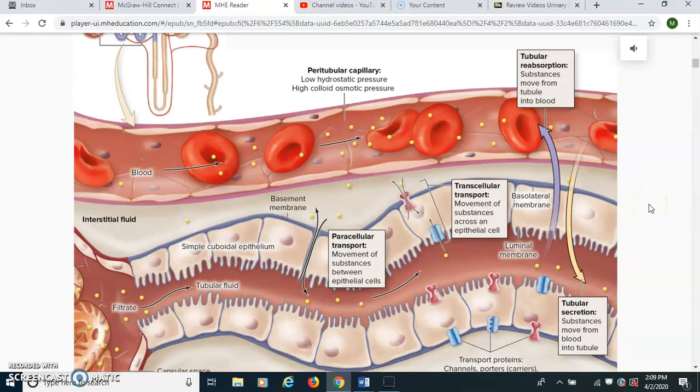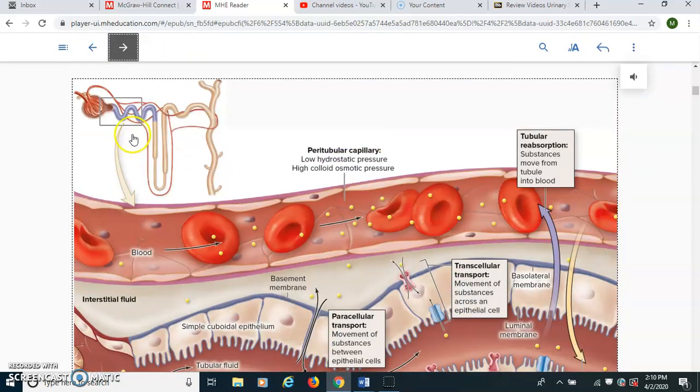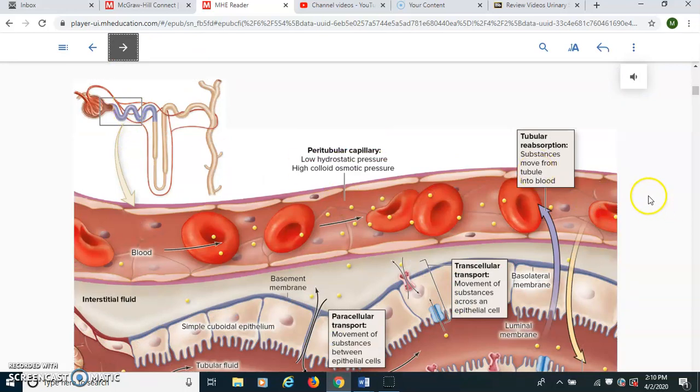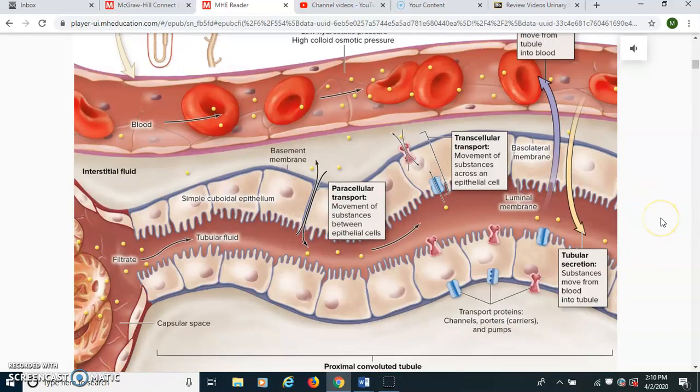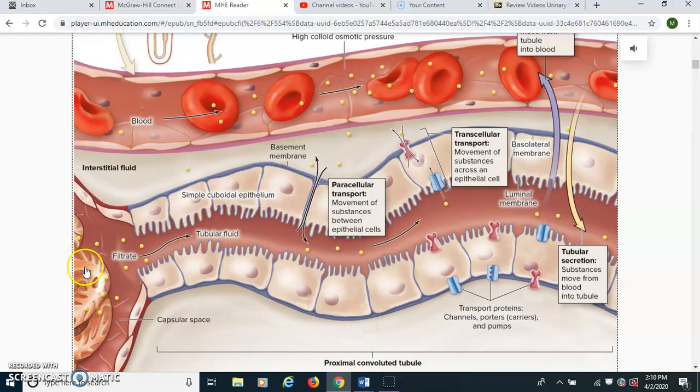So to understand reabsorption and secretion a little bit better, we need to zoom in and see what the structure is of these two parts. You can see a little bit here of our renal corpuscle, or little glomerular capillaries.